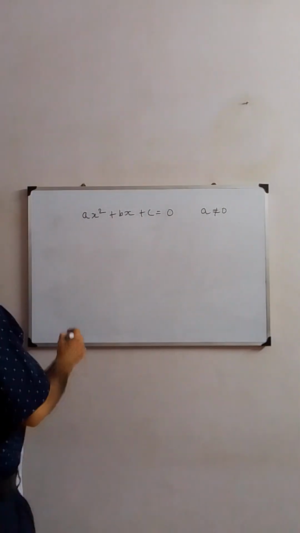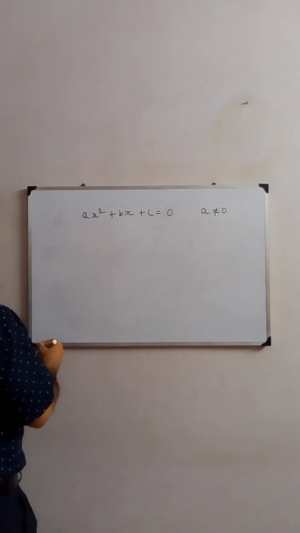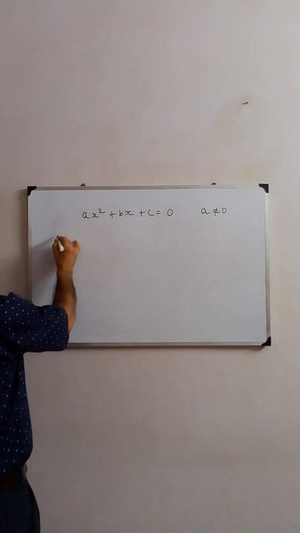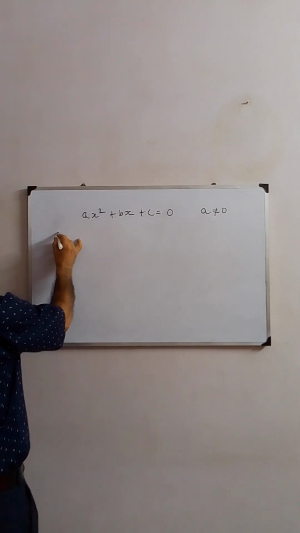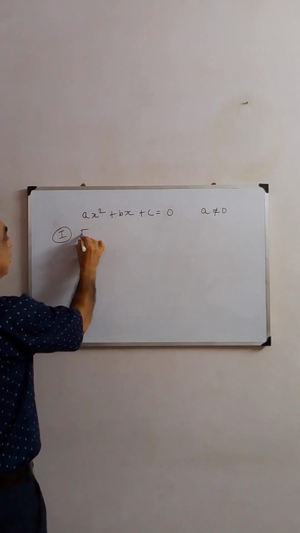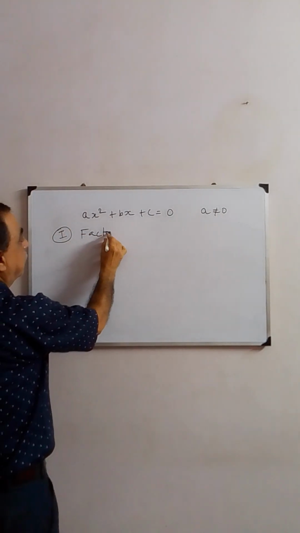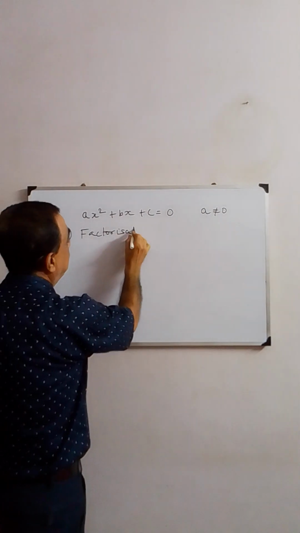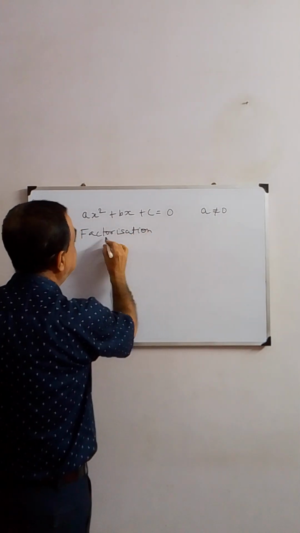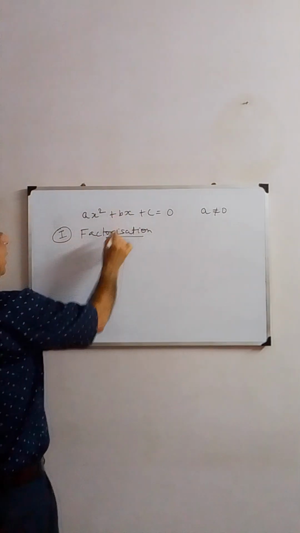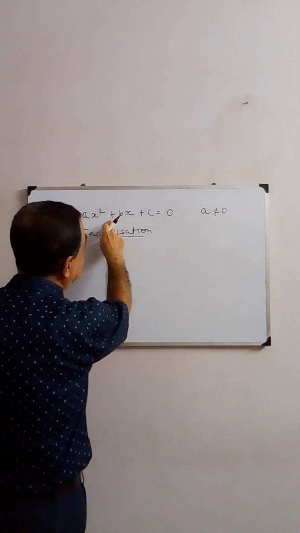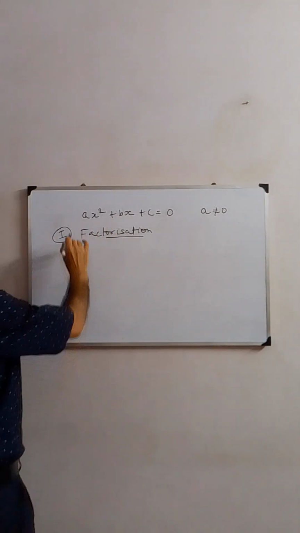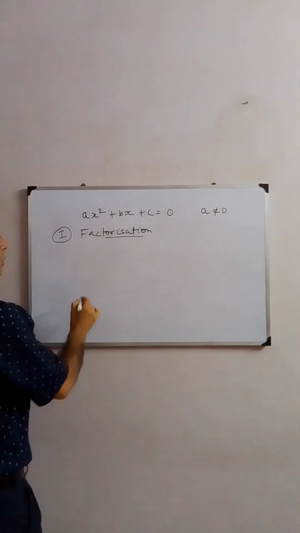Now, how will we solve this quadratic equation? There are generally two methods. First method is the factorization method. Okay, so how do we solve it? We factorize the LHS, that is the quadratic expression.